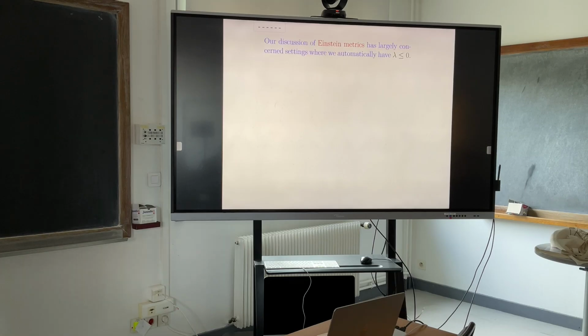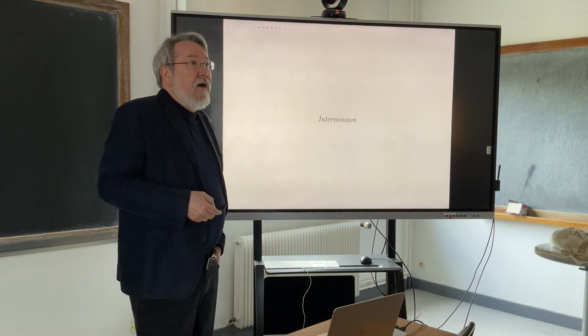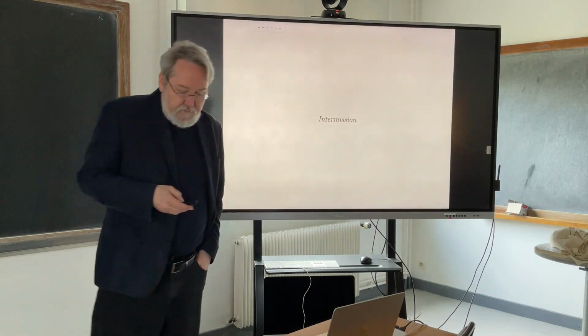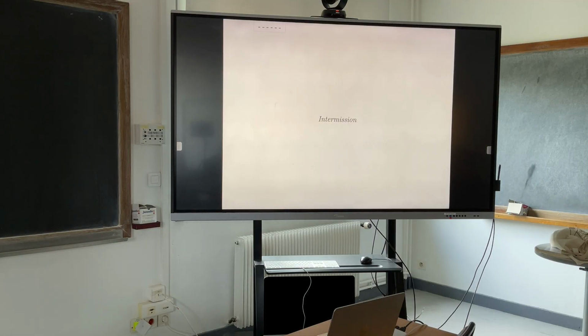I'm going to talk about a construction of Einstein metrics in this second half, which is different from the theory of Kähler-Einstein metrics, but it still uses Kähler geometry in a slightly different way.